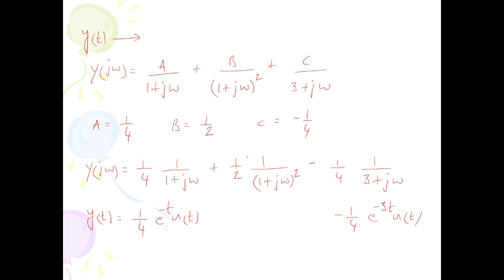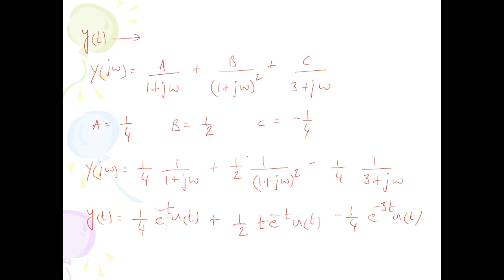Now, coming to the differentiation property, this gives 1 by 2 t into e power minus t u of t.